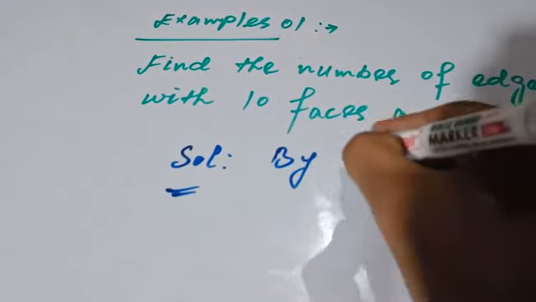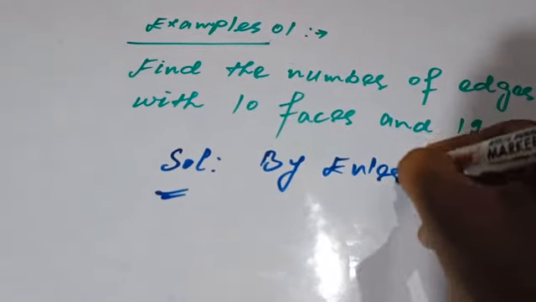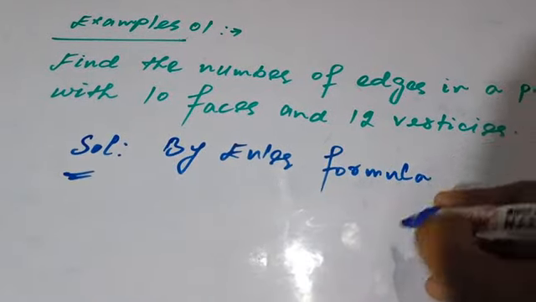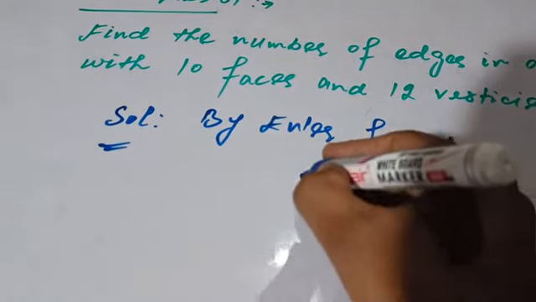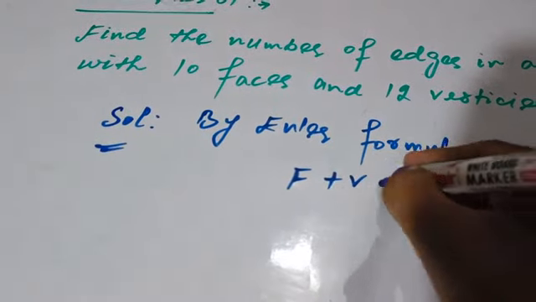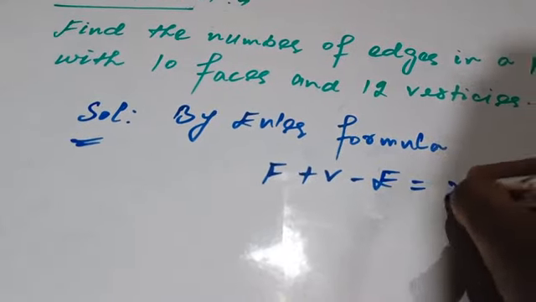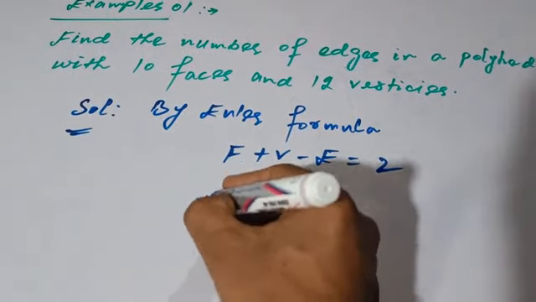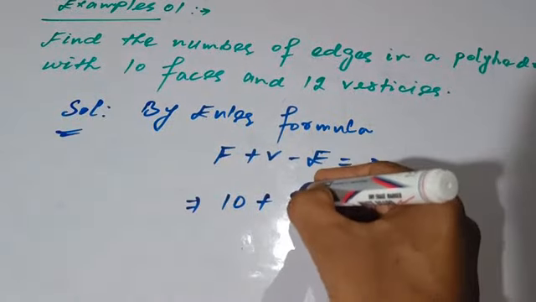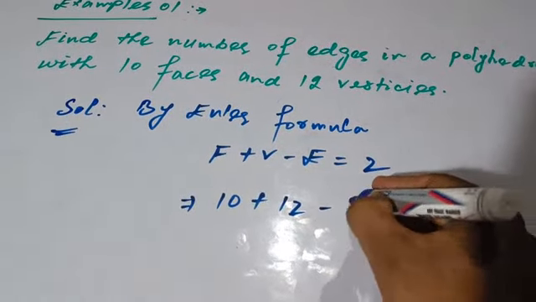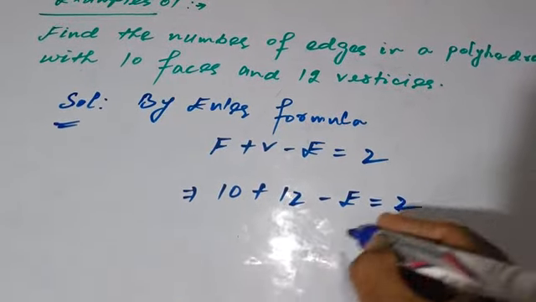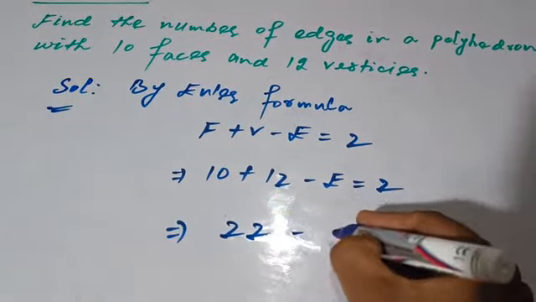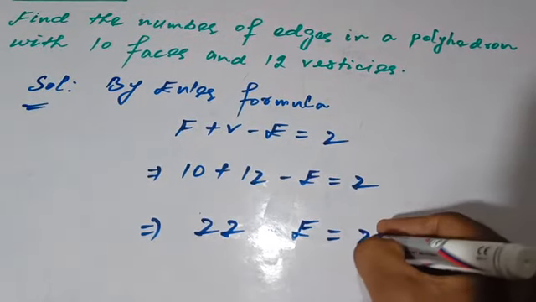By Euler's formula, we know that F plus V minus E is equal to 2. Correct? Now the number of faces is given, which implies 10, plus the number of vertices is also given, that's 12, minus E is equal to 2. It implies 10 plus 12, that's 22. 22 minus E is equal to 2.